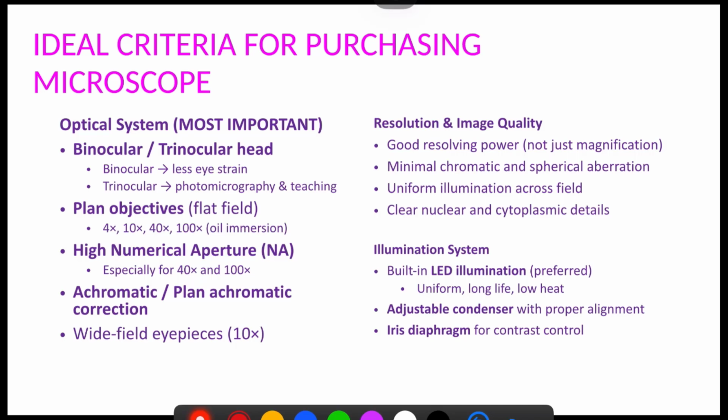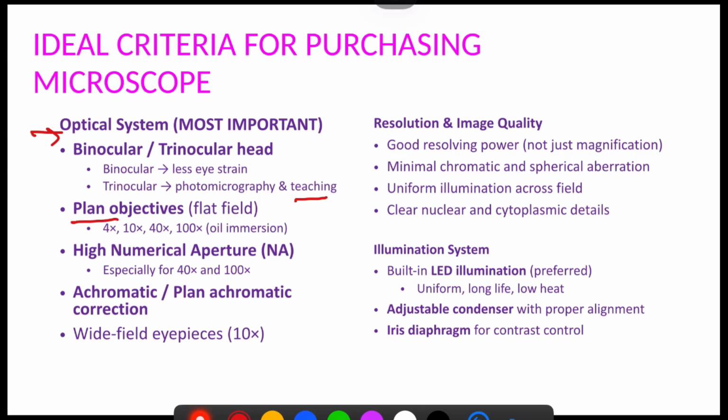So let's revise. First of all, we have to see the optical system, whether it is a binocular or trinocular head, according to your need. Binocular has less eye strain, and trinocular is helpful for photomicrography and for teaching.